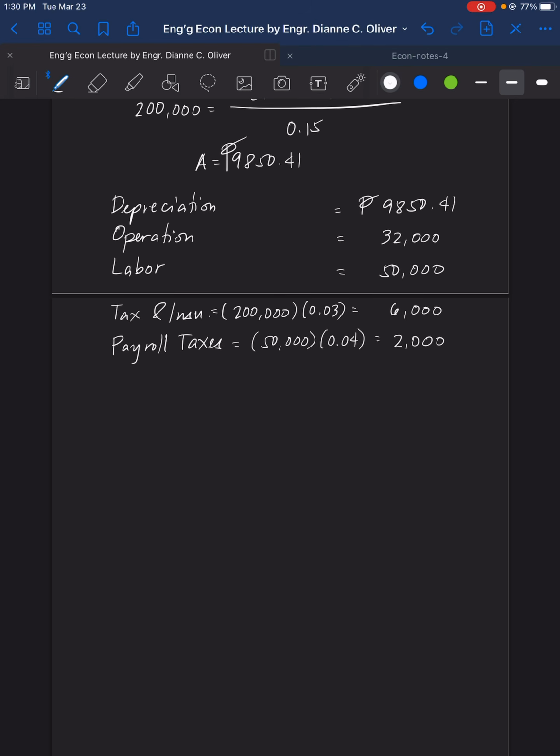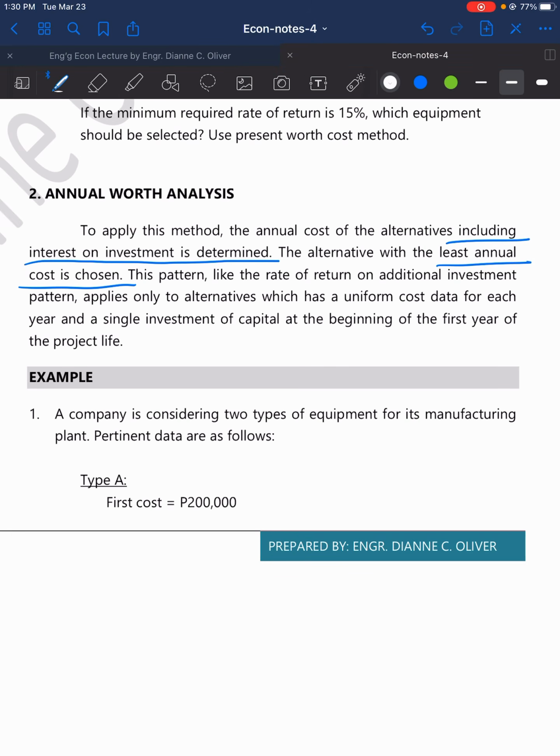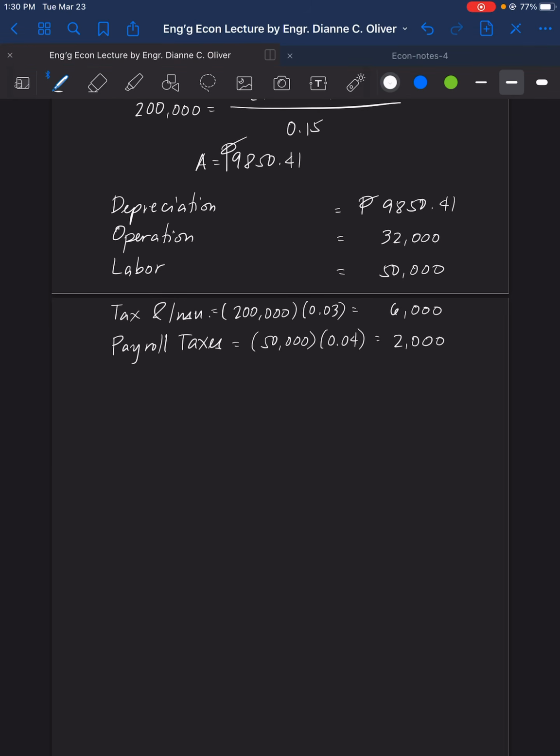And what is different here for the annual worth is that the interest on investment is included. So interest on investment is equal to 200,000 times 0.15, that is equal to 30,000 pesos.